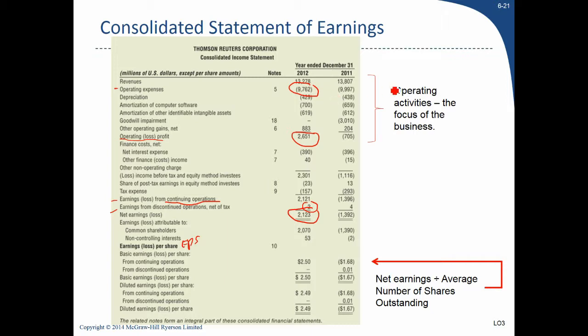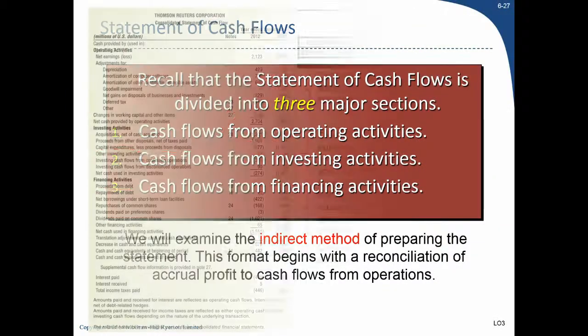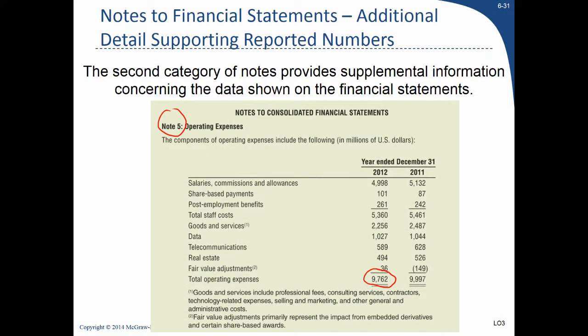So all they do is they total the amount and they say go to note 5. So you would go to note 5. And you could now see all of the items that go into there. There's staff costs, salaries, goods and services, telecommunications, real estate, and all that totals to 9,762.